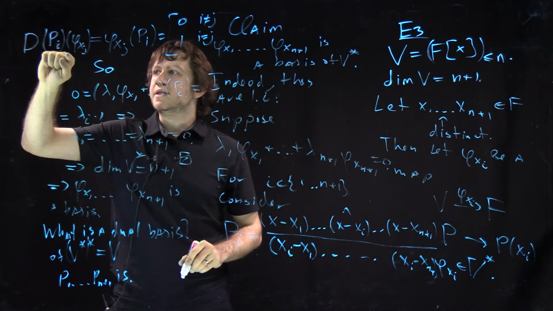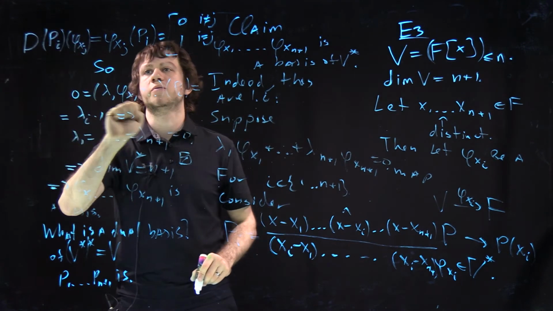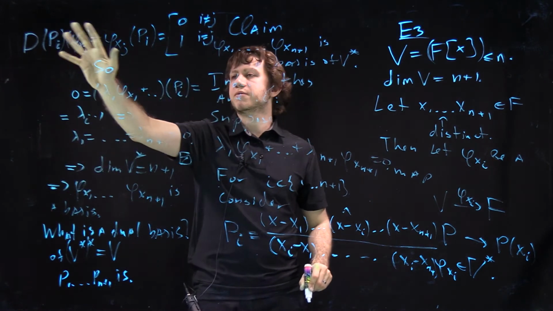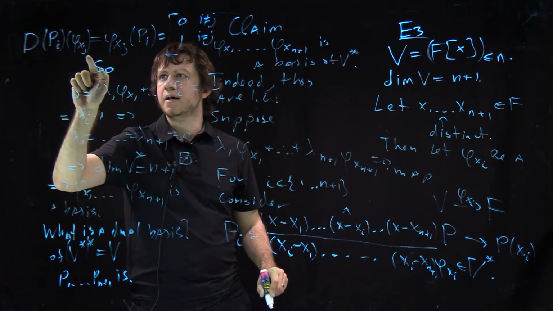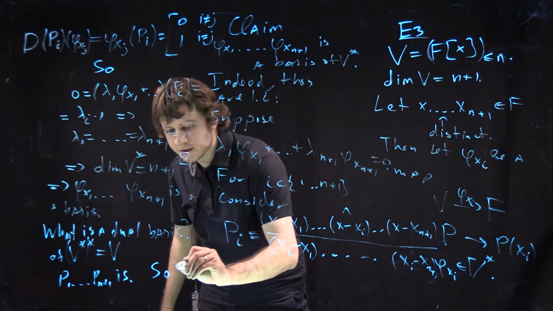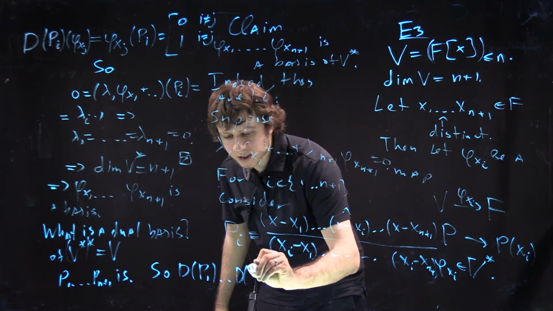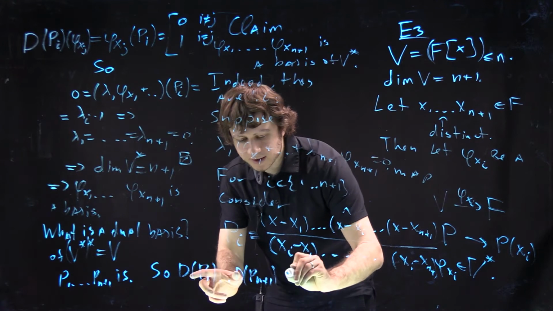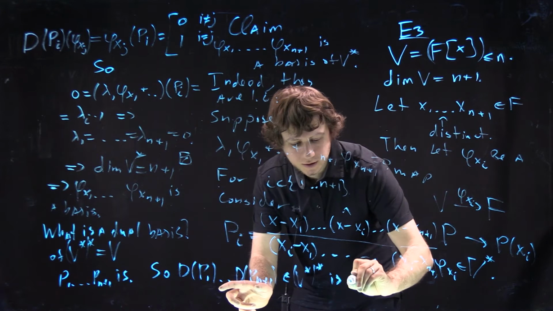Because what is d of p_i? It's a map which takes any functional and plugs in a polynomial. And so in this way you get exactly the fact that d of p_1 up to d of p_(n+1), so these are elements inside V star star, is a dual basis.